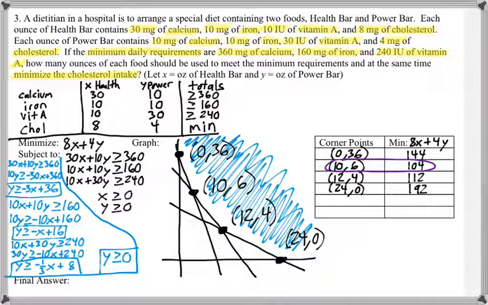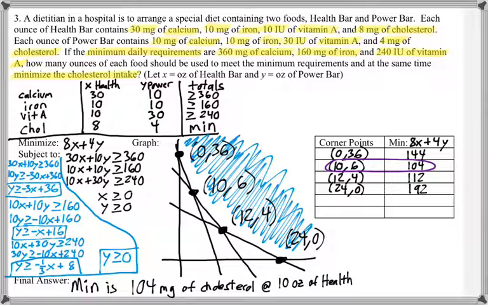So our final answer will be the minimum is 104 milligrams of cholesterol at 10 ounces of Health Bar and 6 ounces of Power Bar.